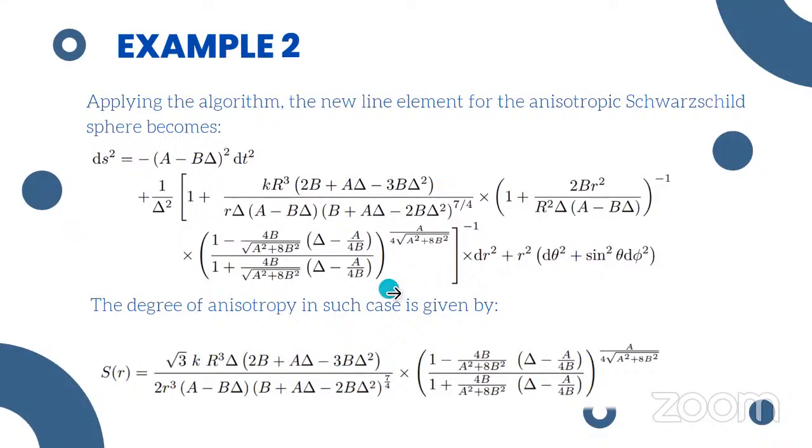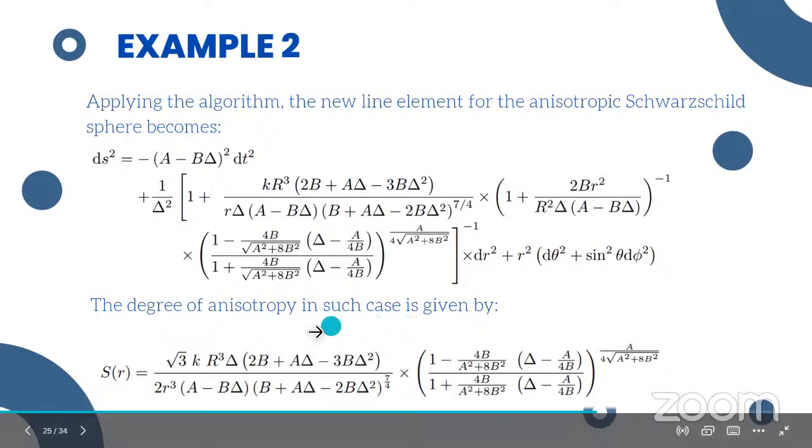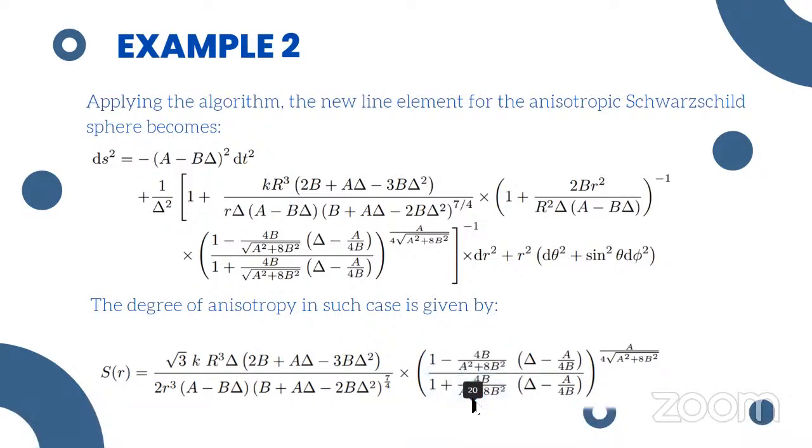Now, similar to example 1, we compare these two equations, one for the anisotropic sphere and the other for the isotropic sphere, and we get the degree of anisotropy, which is given by this second equation. Now here we see that this degree of anisotropy expression contains the terms A, B, capital R and K, by varying which we get different plots of S versus R.